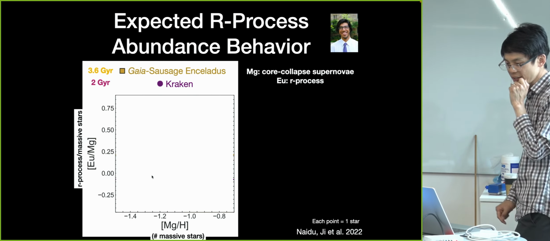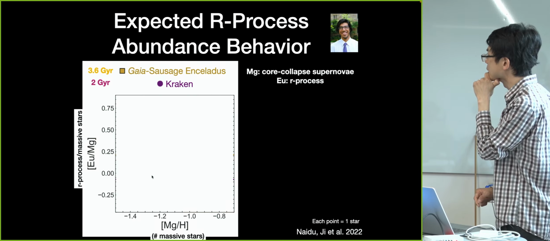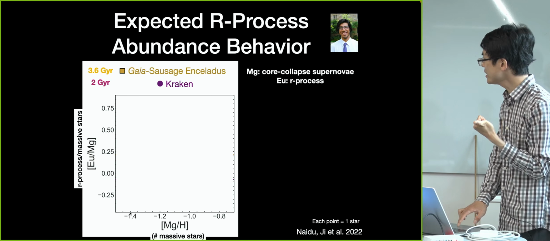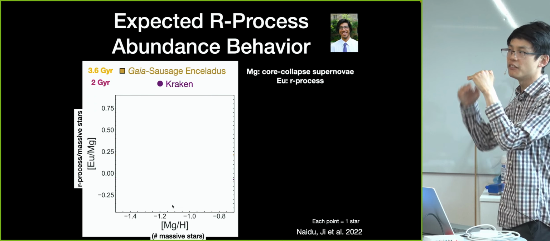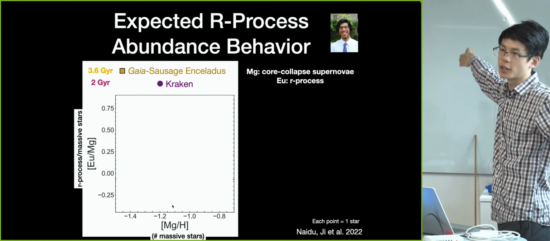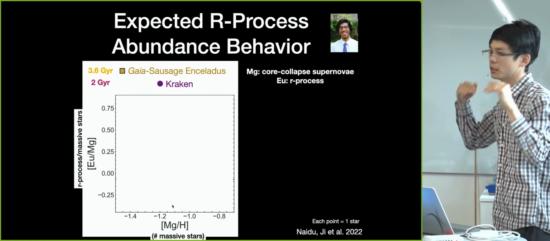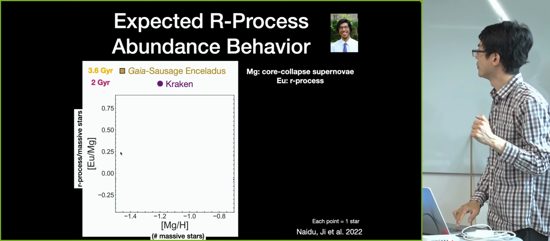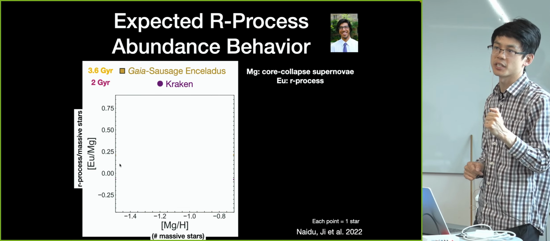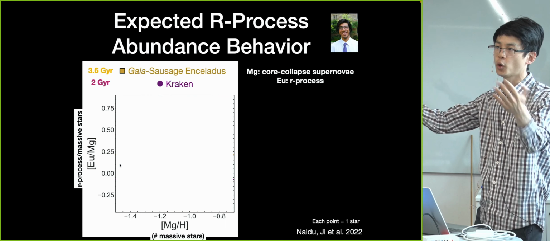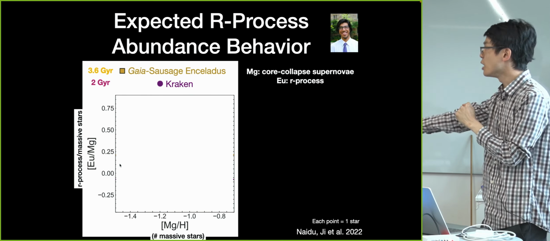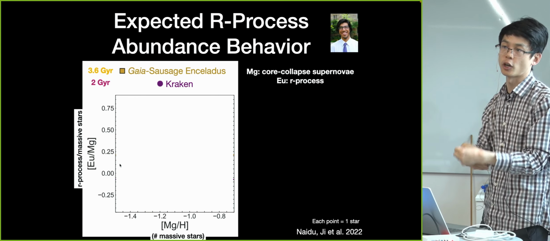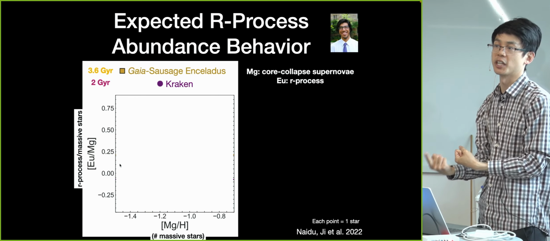The thing that's really interesting about this is that given a fixed place on the x-axis, if you look at all of the R process that ever gets produced in a system, the europium to magnesium should be the same, right? For the same number of stars you form, you should eventually produce the same amount of R process. But a different amount of that R process will get captured into stars based on the duration of star formation in that galaxy.